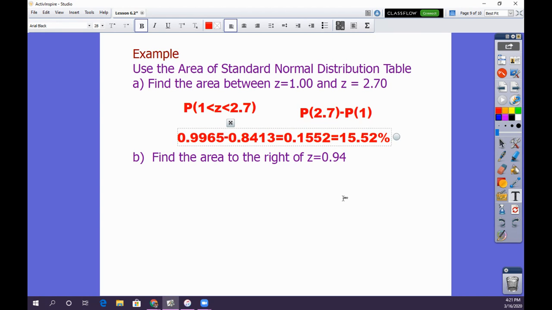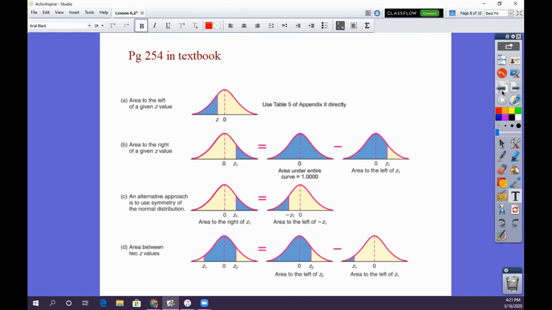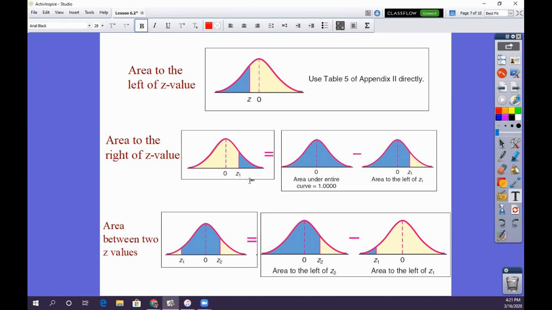And likewise, area to the right. An area to the right is saying, okay, I want z to be greater than 0.94. Well, recall our table only does less thans. So area to the right, that's this one right here, so I could do 1 minus the area to the left.